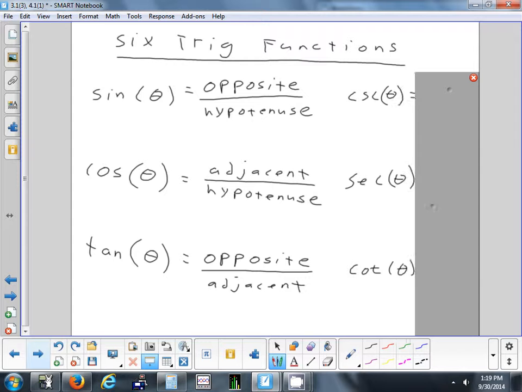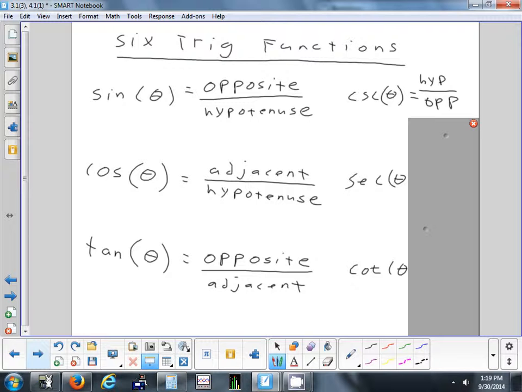Now, when we did unit circle trig, what did we do with the 3 trig functions that are on the left to get the 3 that are on the right? Go ahead, Evan. We did the inverse. Can you explain what we mean by that? Like we flip them. Flip them, yeah. We found the reciprocal. So cosecant is hypotenuse divided by opposite.